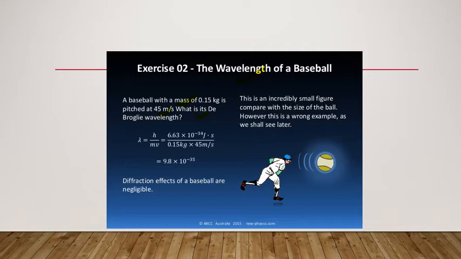We have 9.8 times 10 to the power minus 35. So the diffraction effects of the baseball are negligible. It also has wave properties, but its wavelength is a very small figure, which cannot be compared with the size of the ball.